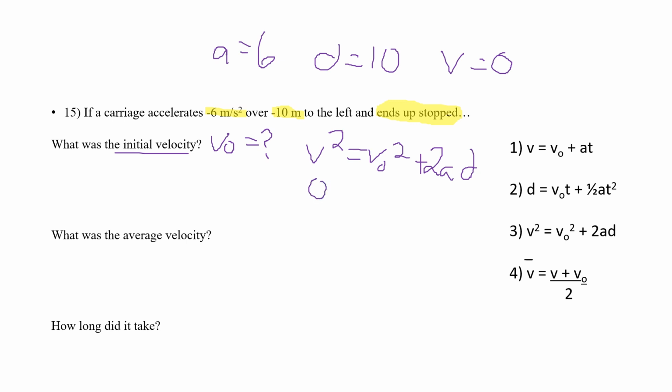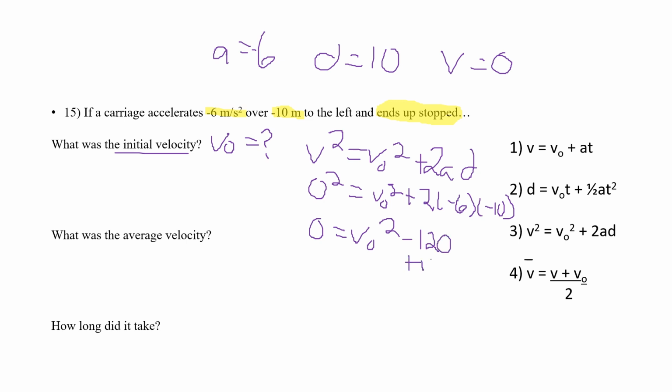0 squared equals V naught squared plus 2 times negative 6 times negative 10. All right, perfect. 0 equals V naught squared plus negative 120.